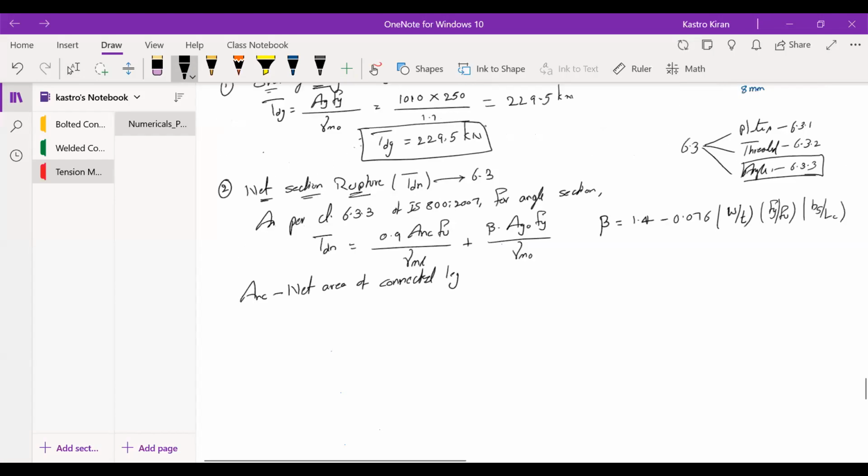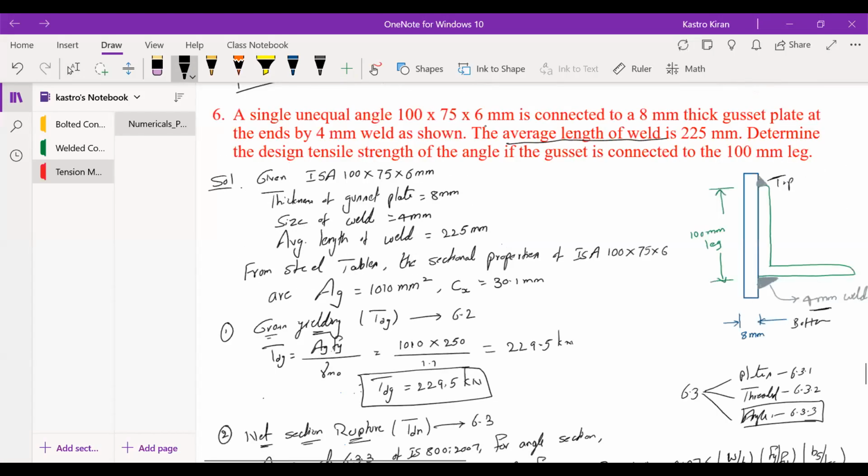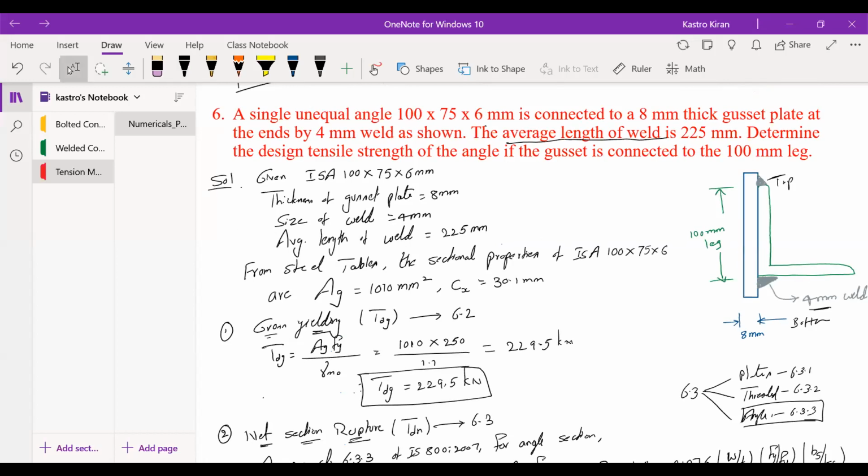Now, which leg is connected to the angle section? It is the 100 mm leg. So the length of the connected leg is 100 mm. That is very clear for us. The 100 mm leg is the leg which is connected to the gusset plate, and the 75 mm leg is the outstanding leg, which is not connected to the gusset plate.